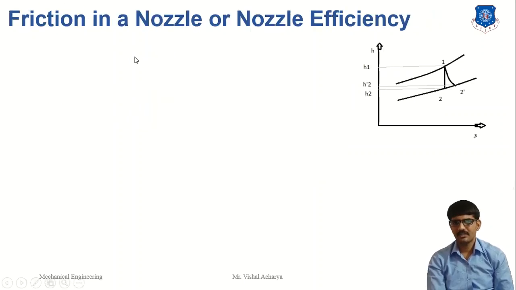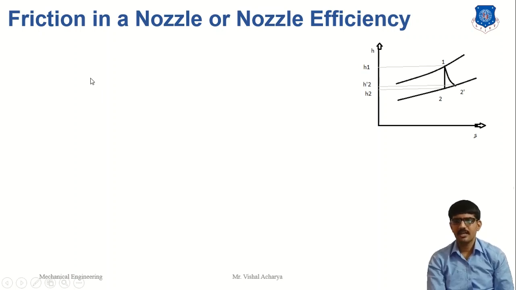Our next topic is friction in a nozzle, or nozzle efficiency. In the actual condition the steam expands along the path H1 to H2 dash, whereas theoretically it expands isentropically from H1 to H2, but in the actual condition the flow is not isentropic. Because of friction, the efficiency is less than 100%, and some work gain is lost.